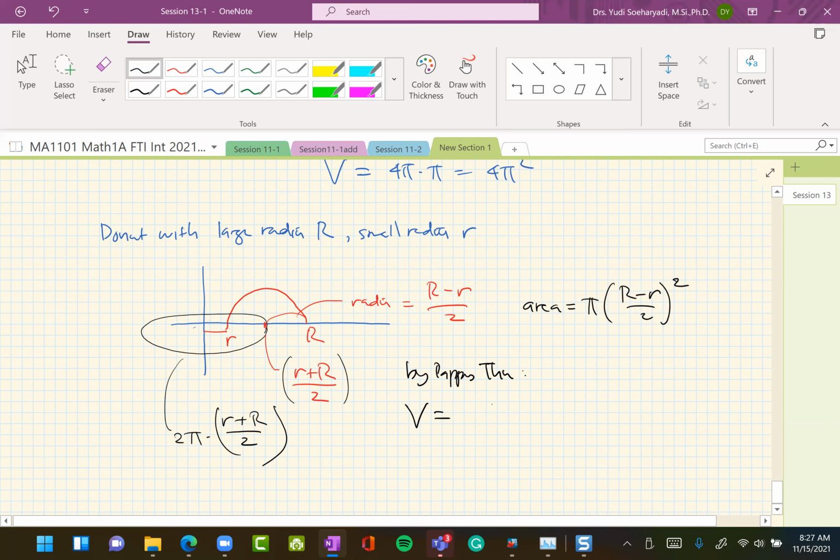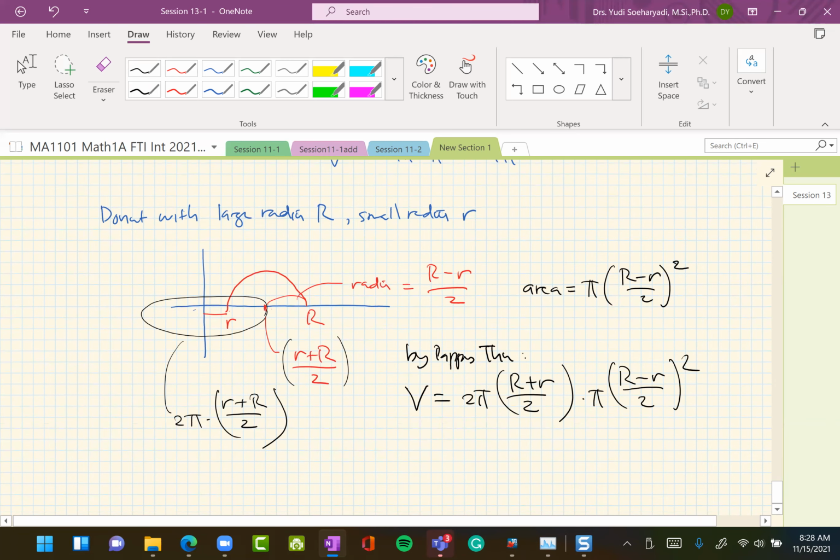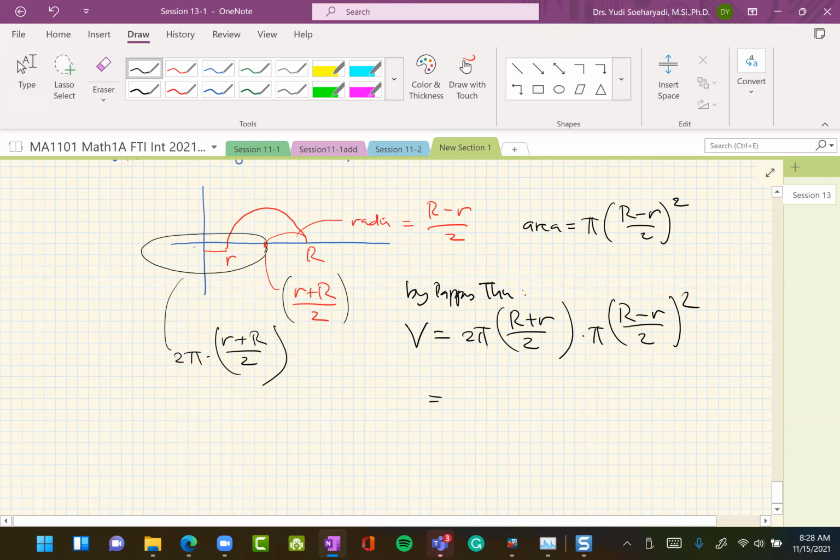Okay, so we have 2 pi times this distance times this area. So what do you get here? Those two 4.